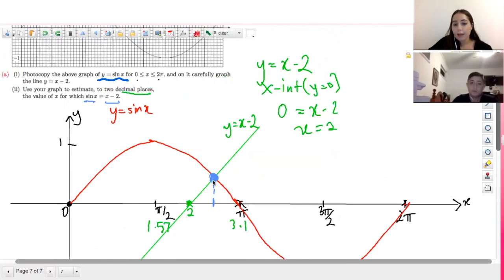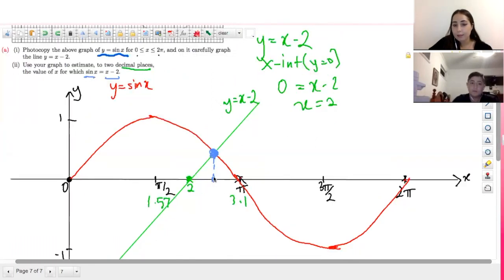What do you think is the value of this x-intercept? It looks around 2.5 or a bit more than 2.5. What would you say? 2.7 or 2.6. What about to two decimal places?